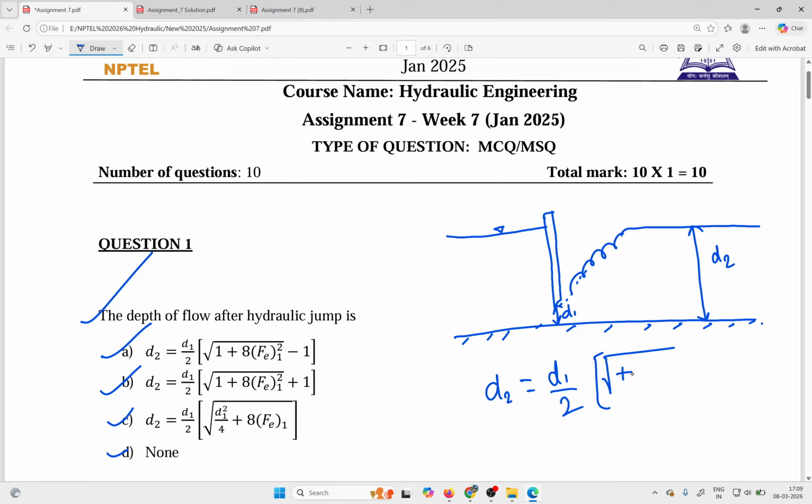Remember please, this is 1 plus 8 Fr1 square, minus 1. So always remember.